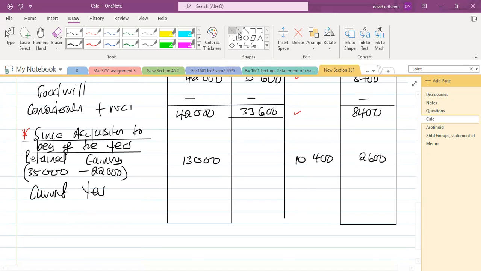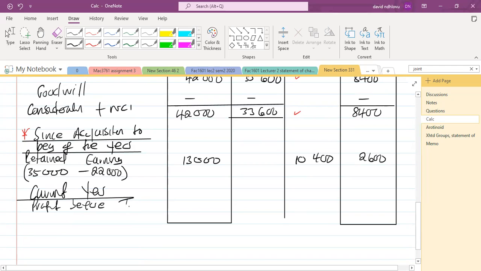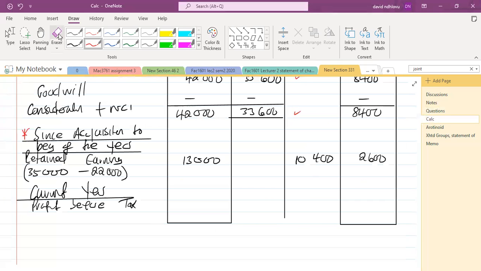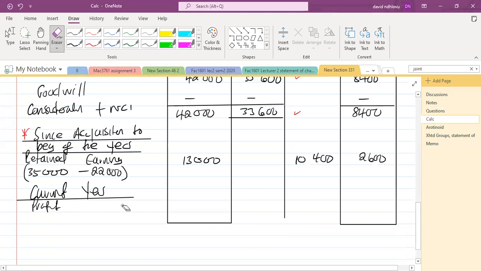We have been given the profit. We want the profit for the year, not profit before tax. Sorry about that. Profit for the year is profit after tax.